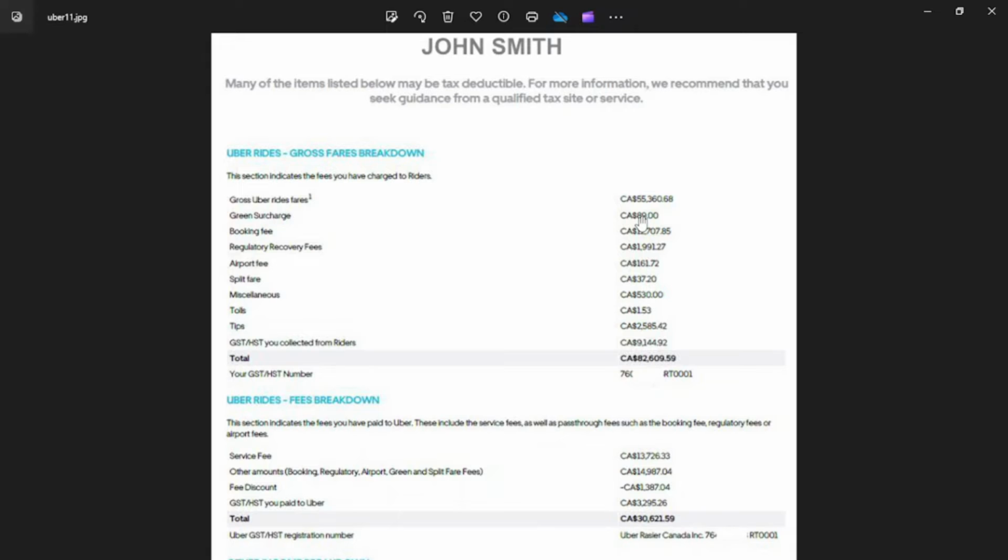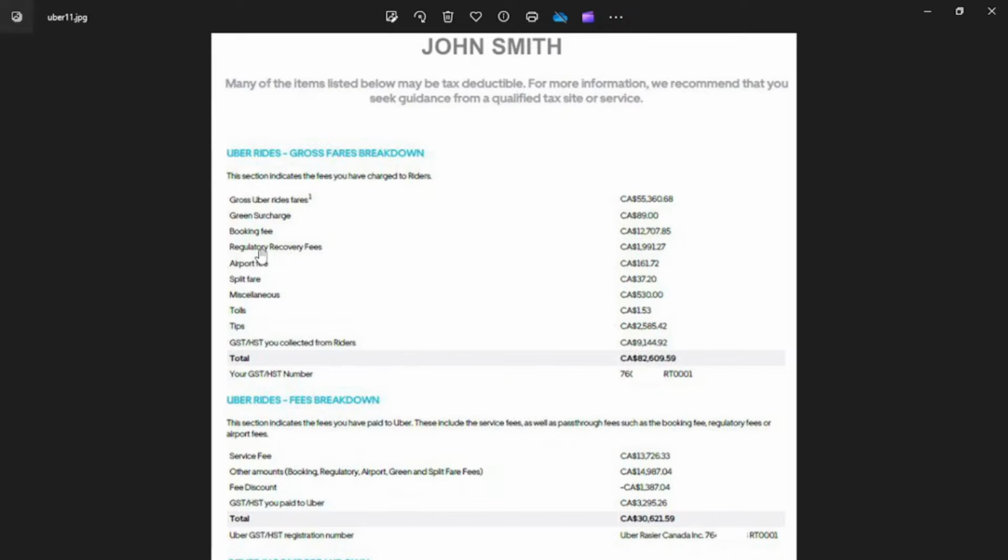The second thing is the green surcharge. This is a surcharge that is collected by Uber on behalf of the driver. Then there is the booking fee. This is a fee that Uber charges the driver. Basically, Uber is providing a passenger. Let's say a passenger is searching for a ride from point A to B. They are going to use their app, and Uber is going to search for a driver, let's say John, and connect John with the passenger to provide that service.